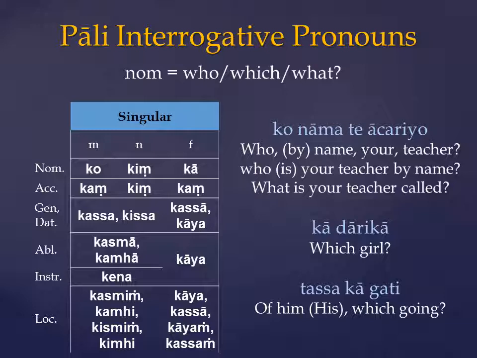But here it has the form of a feminine noun in the nominative case, meaning going, course, or direction. And the interrogative pronoun here is ka in the feminine, and this matches the noun gati. So we know the question is about the direction. So this can be rendered, which is his direction, or which direction is his.